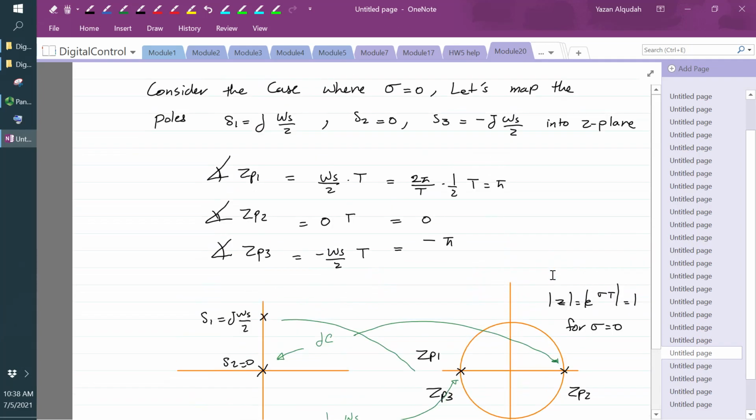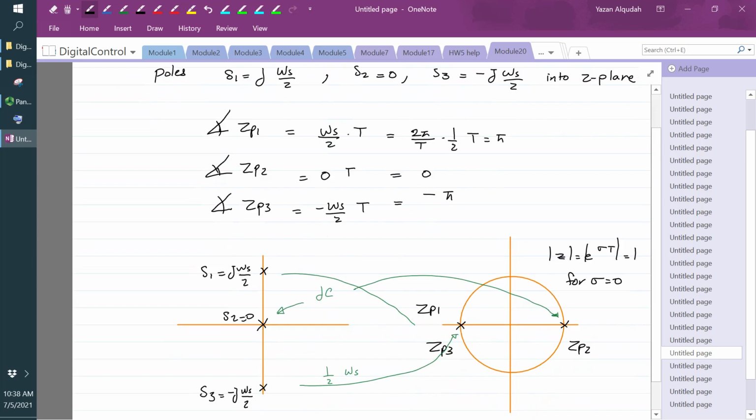So let's consider an example. Let's consider the case where sigma is equal to 0, and I have poles at 0, j omega s over 2, and negative j omega s over 2, and I want to see how these poles will map into the Z plane.